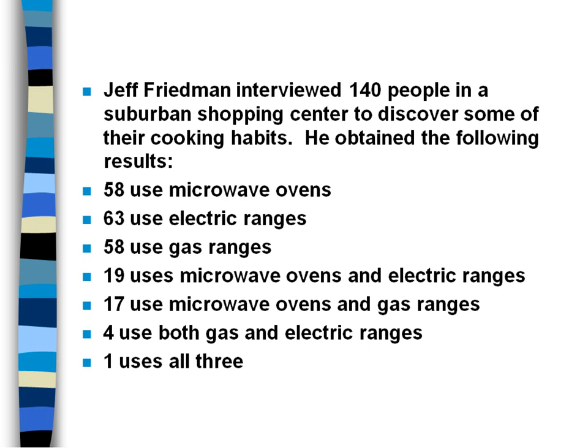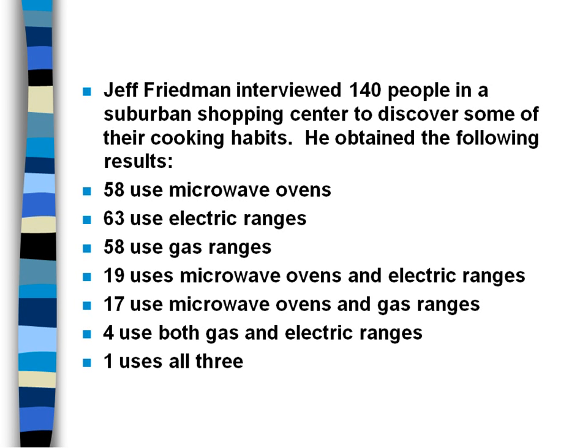He obtained the following results. 58 used microwave ovens, 63 used electric ranges, 58 used gas ranges, 19 use microwave ovens and electric ranges, 17 use microwave ovens and gas ranges, 4 use both gas and electric ranges, 1 uses all three. So I want to show you how to use a Venn diagram to represent this information.